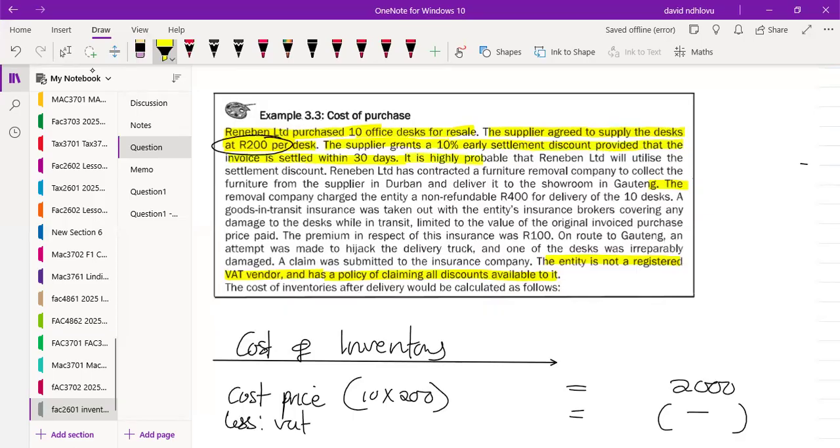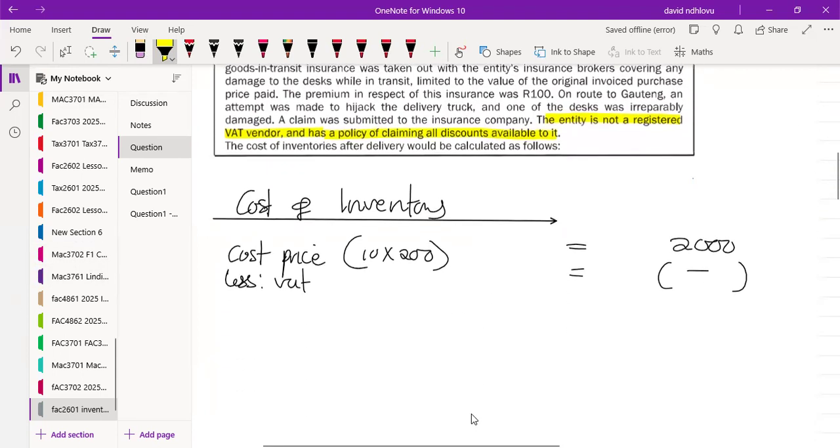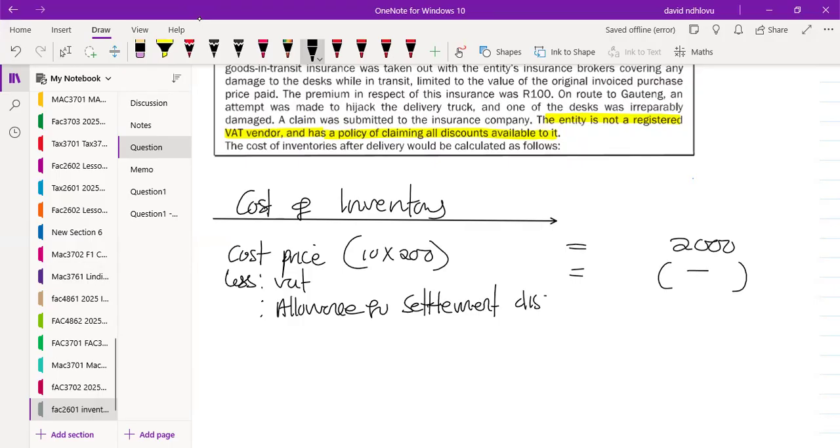It is highly probable that Renepen will utilize the settlement discount. So therefore, we say less the allowance for settlement discount.